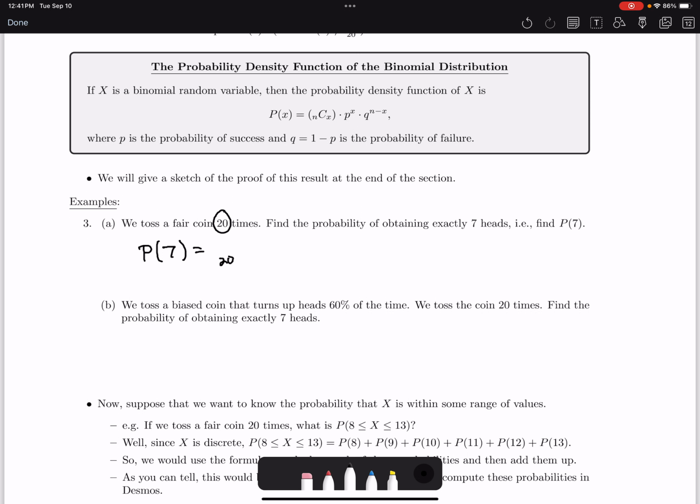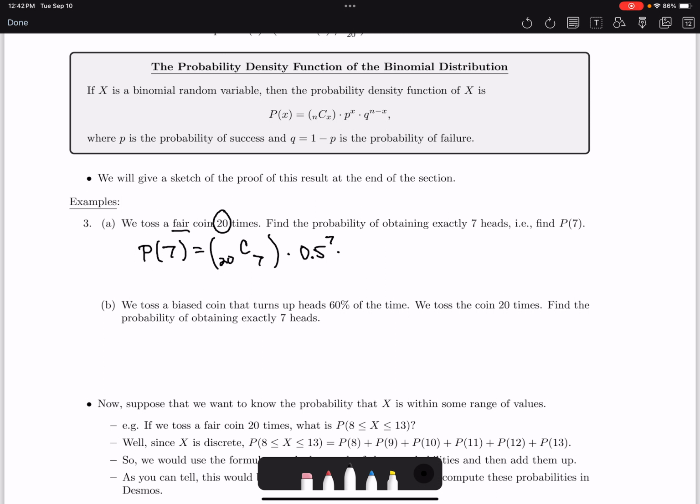So it's 20 choose 7, since x is 7. It's n choose x times p to the x. Now, this is a fair coin, so the probability of flipping heads is 0.5, to the 7th power.